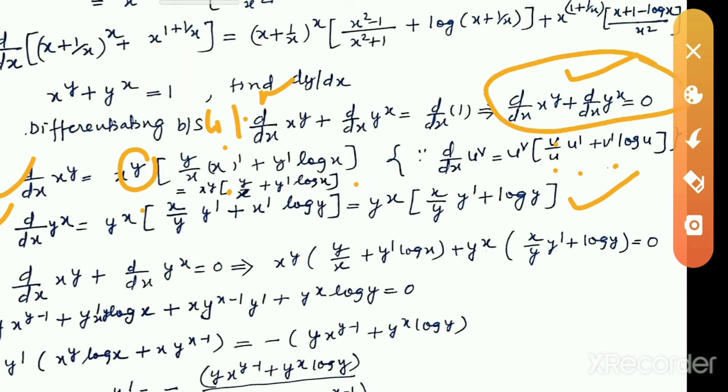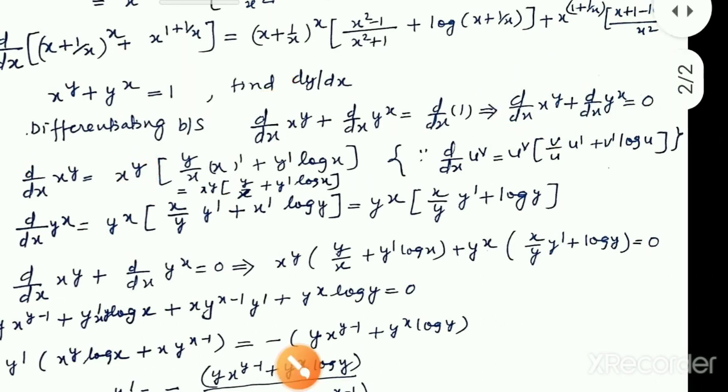So we got x^y (y/x + y' log x) plus y^x (x/y · y' + log y) is equal to 0. Now what shall we do? We just take the first derivative terms at the same place.